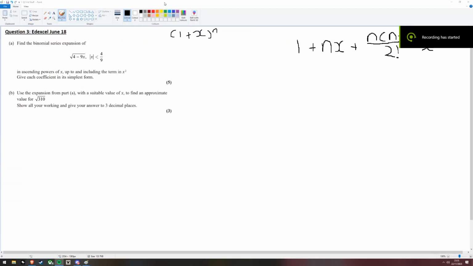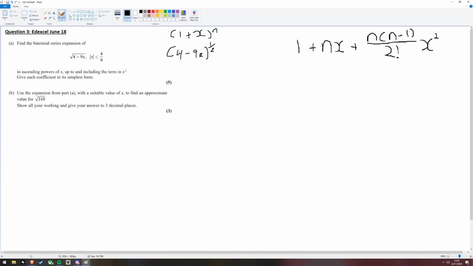So for question 3, we're told to find the binomial series expansion of the root of 4 minus 9x. Now we need this in the form (1 plus x) all to the power of n. So the first thing we can do is get rid of this square root and turn it into (4 minus 9x) all to the power of a half.